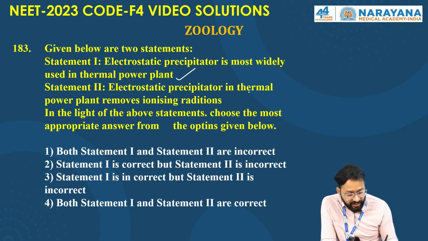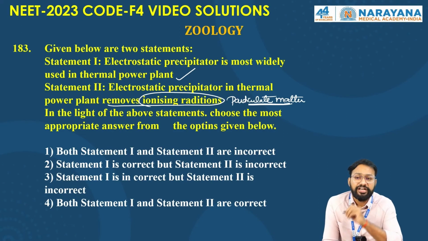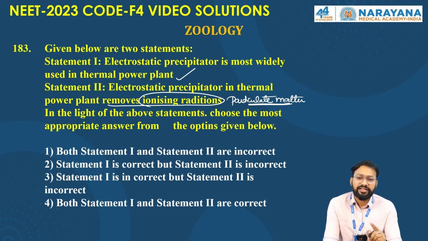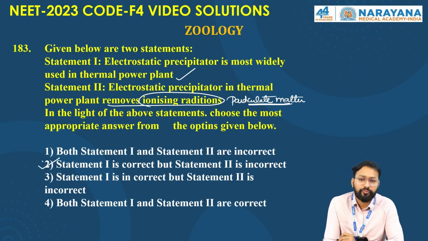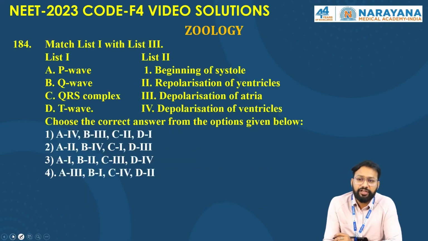Electrostatic precipitator in a thermal power plant removes ionizing radiations? No. Particulate matter. It is helpful to remove the particulate matter. So statement 1 is correct. Statement 2 is incorrect. Right? Option 2.